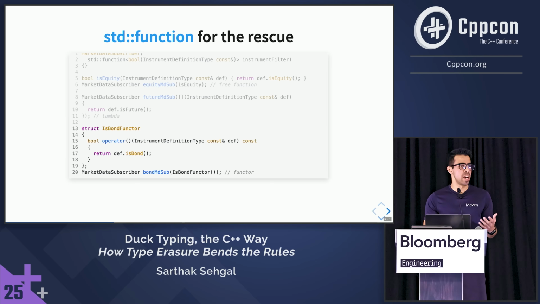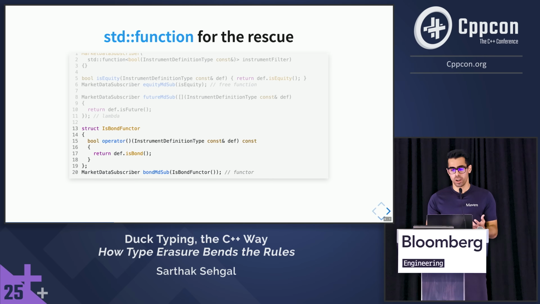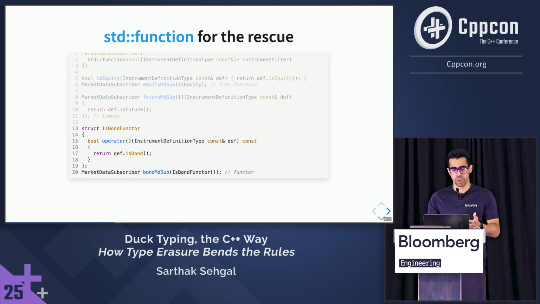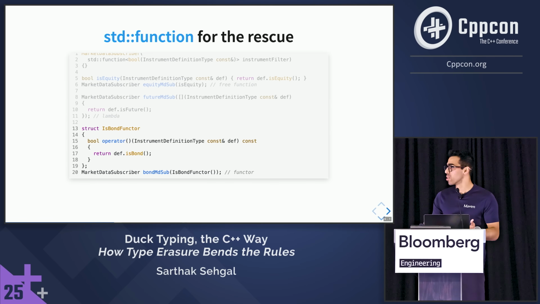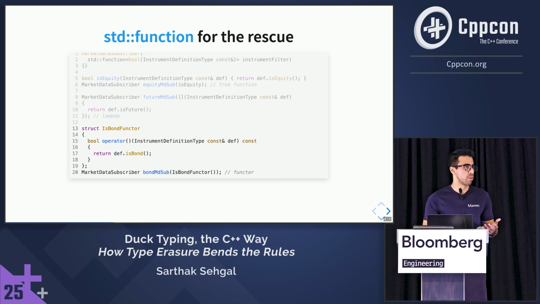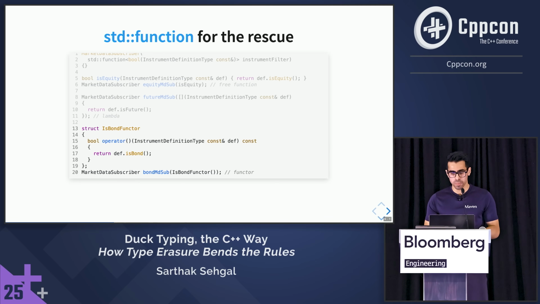They're not bound by any sort of inheritance hierarchy or related by any means. They just implement the common interface, which is this function call operator, which has the expected signature. And somehow these completely unrelated types are assignable to a common concrete type, which is the std function.